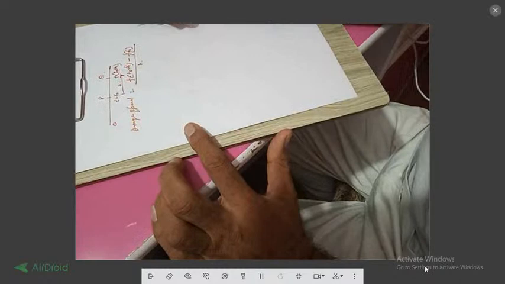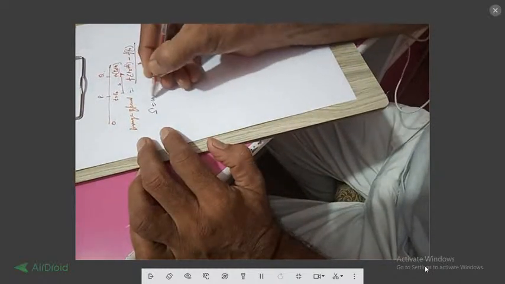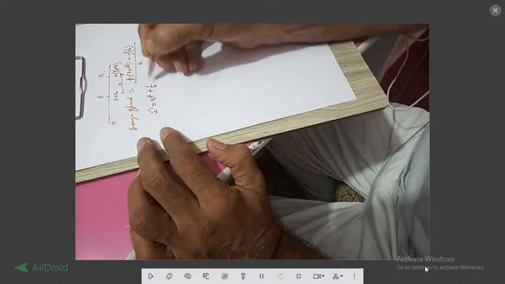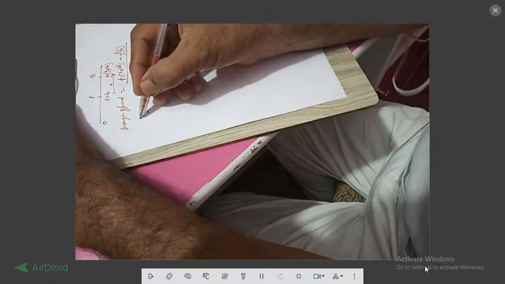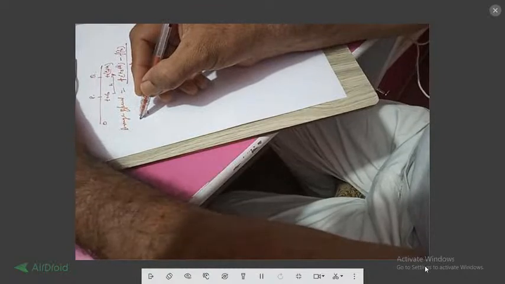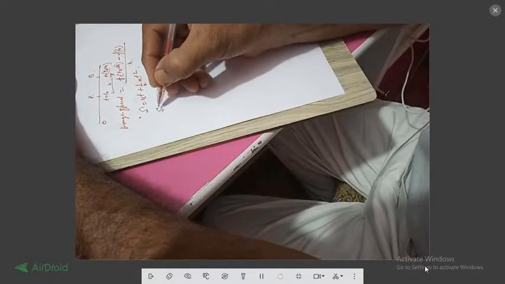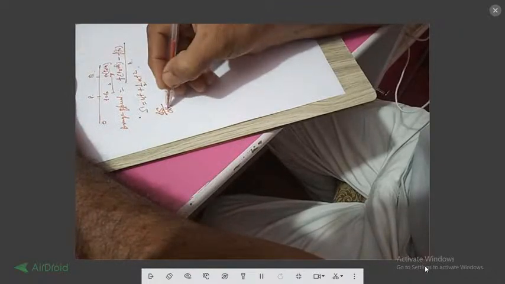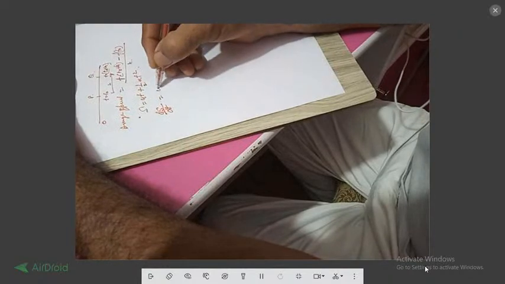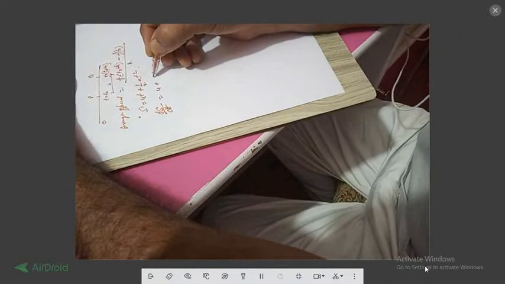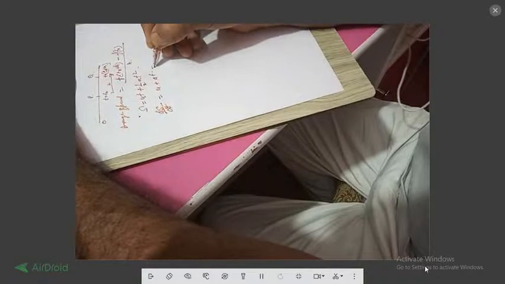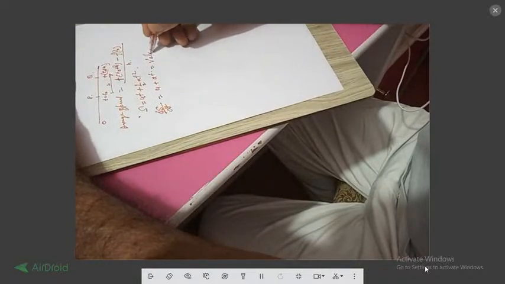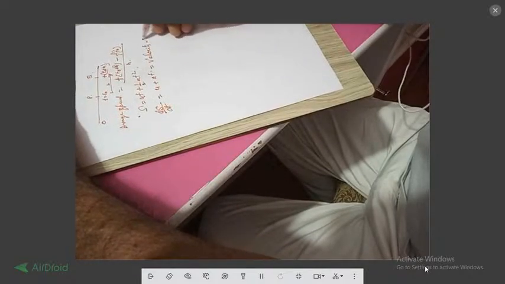In a general way, we know that s equals ut plus half at square. Let us differentiate this function with respect to t. Then ds by dt is equal to u plus at, and this is equal to the velocity of the particle.